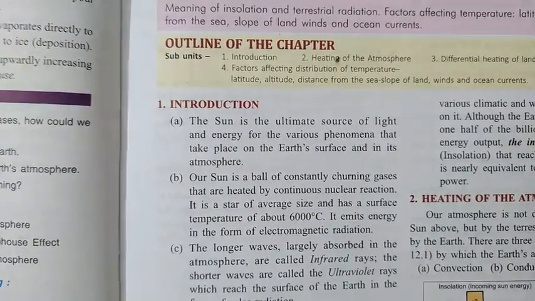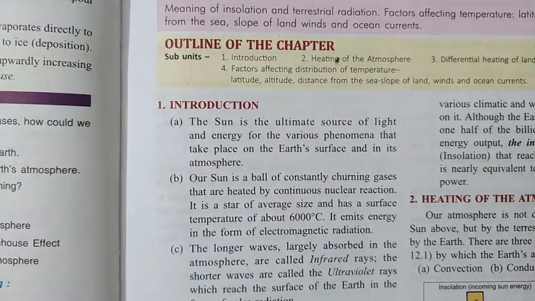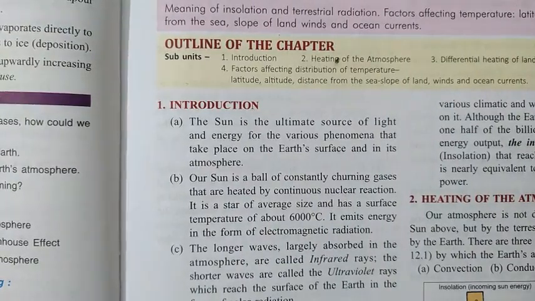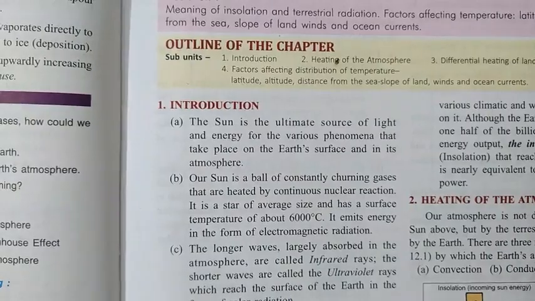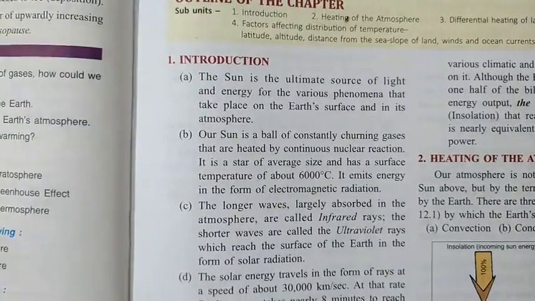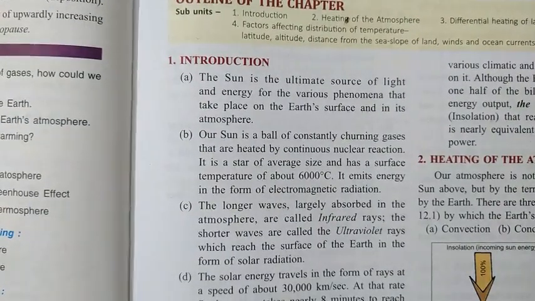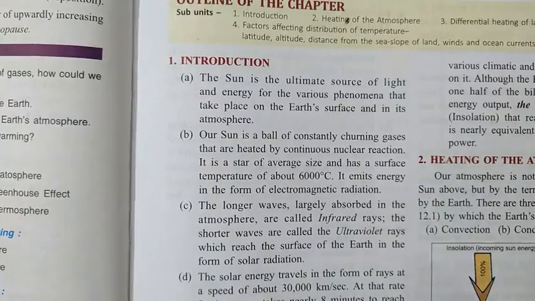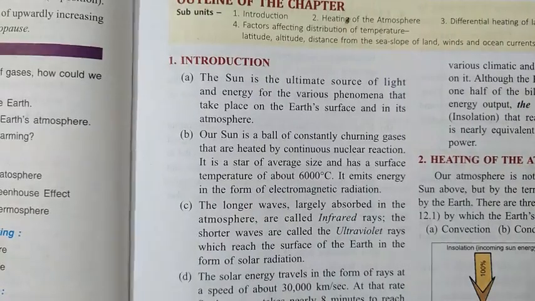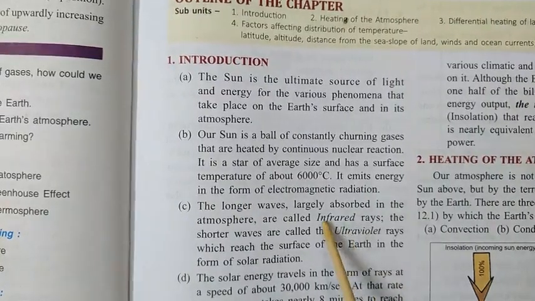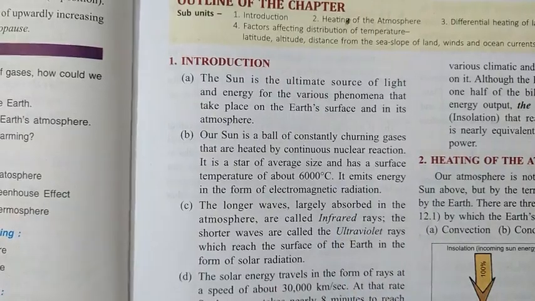The surface temperature of stars is usually 6000 degrees centigrade, so it's too much. Now let's see the important things. The sun rays which enter the atmosphere can be classified into different types, but the two most important rays are the infrared rays and the ultraviolet rays.